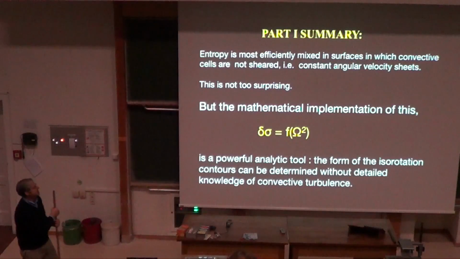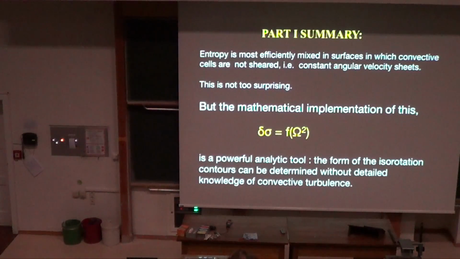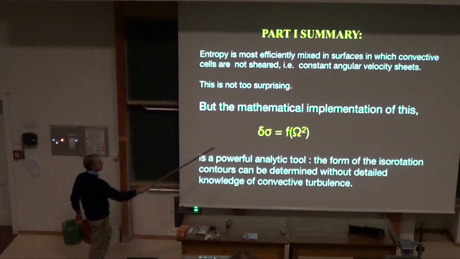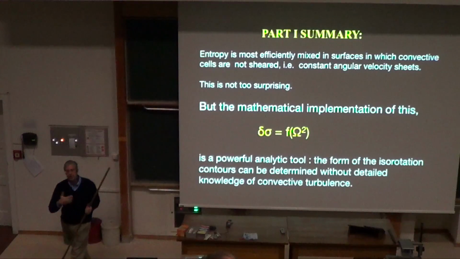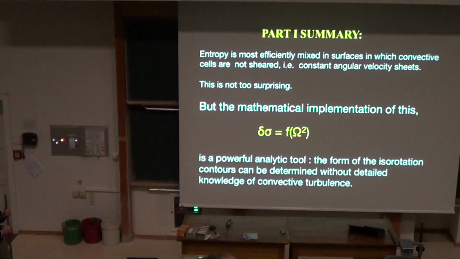To summarize, part one, entropy is most efficiently mixed in surfaces in which the convective cells are not shear, constant angular velocity sheets. You know, when I put it that way, perhaps it's not too surprising. When I implement this mathematically, delta sigma is a function of omega squared, it actually turns out to be a very powerful analytic tool.